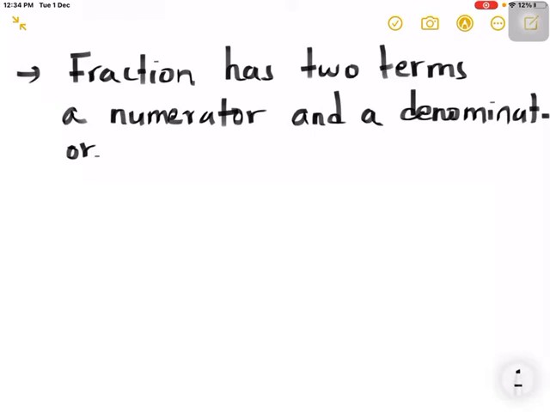What types of fractions are there? Like fraction and unlike fraction.